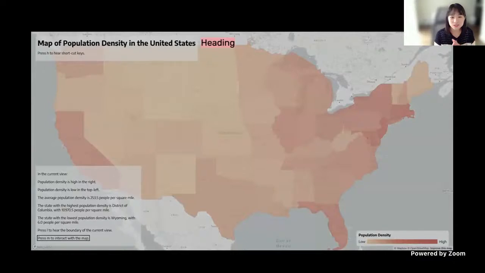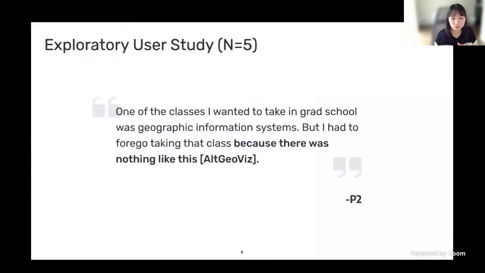So as we just saw here, for each map view, AltGeoViz communicates what this geovisualization is about. Here it's about the population density in the United States, the spatial patterns within this view, and descriptive stats such as the maximum, minimum, and mean values for the current view.